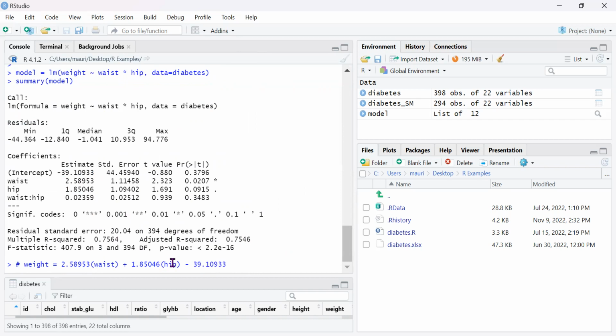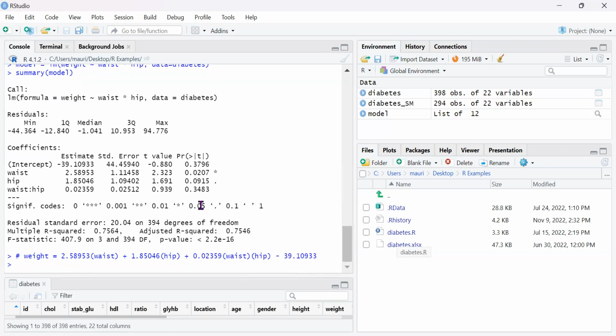But we have the third component, which is plus the waist times hip. Now, why does this take place? Fundamentally, there is a fair bit of correlation between a person's waist and hip.